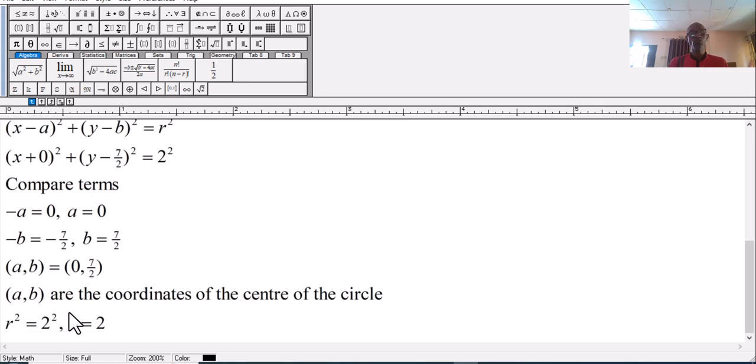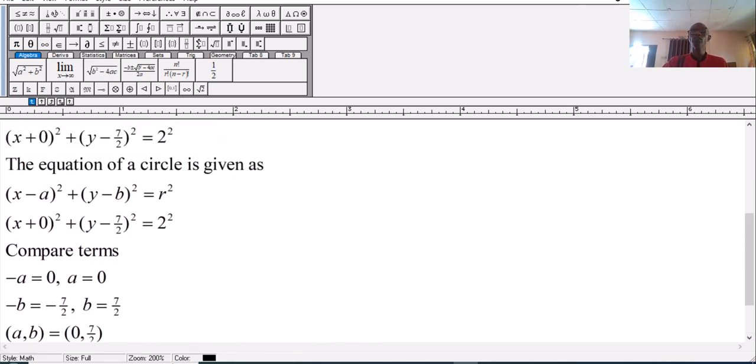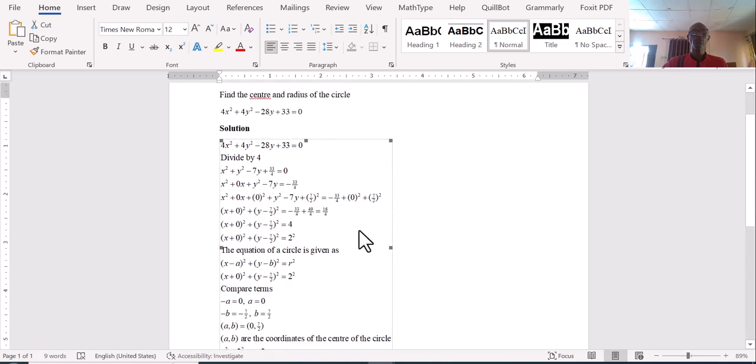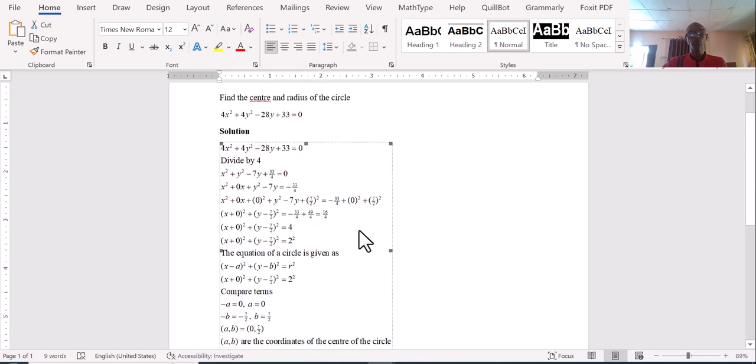So we have been able to get the coordinate of the center. The coordinate of the center is 0, 7 over 2. The radius of the circle is 2. So this is how to go about solving questions like this.